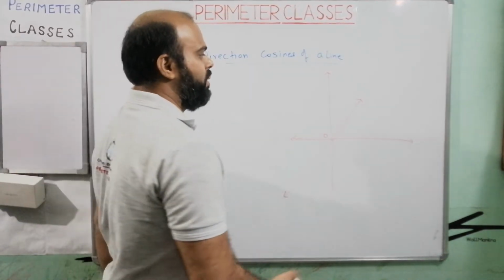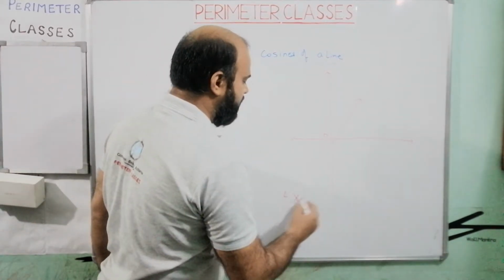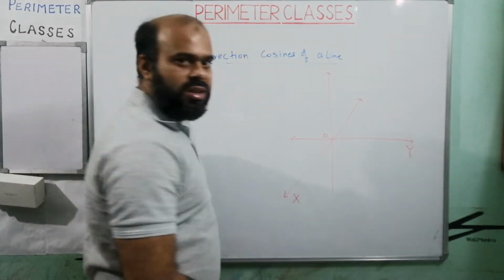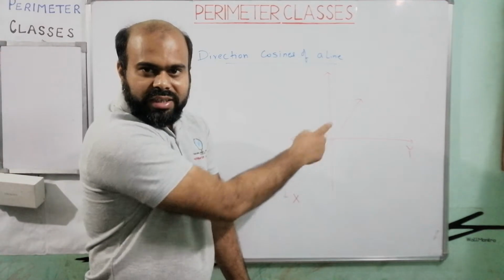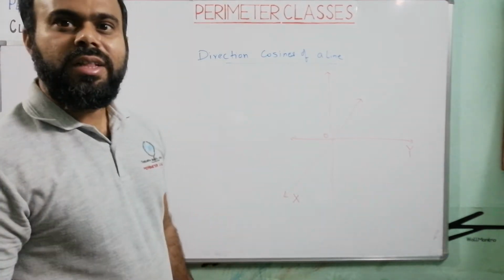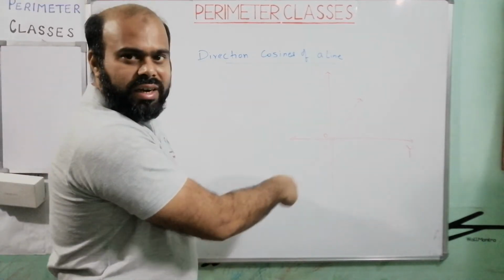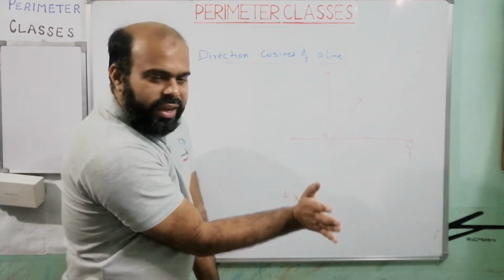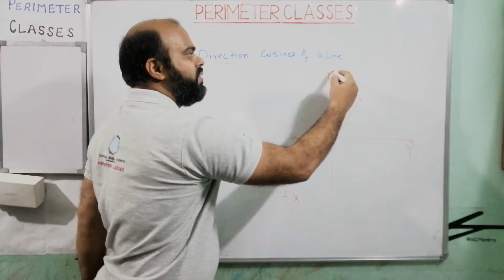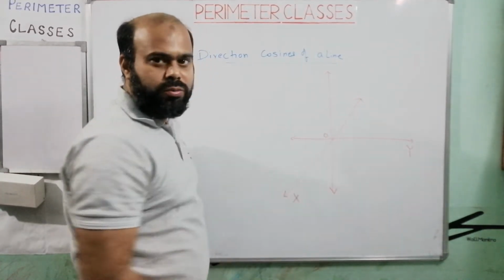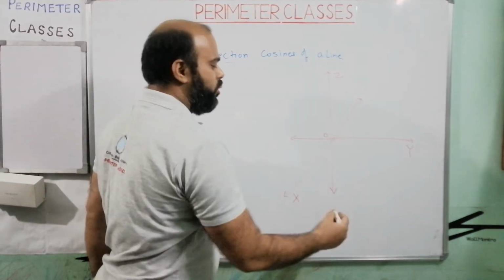So if I take, suppose, this as x axis and this as y axis, so in that case x is coming outside of the plane. I hope you are seeing it clearly that it is coming outside of the plane. So x with y, z should point upward. So positive z should be upward and negative z should be downward, not opposite.